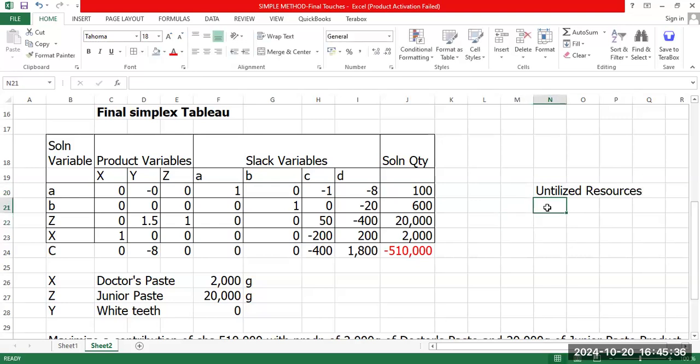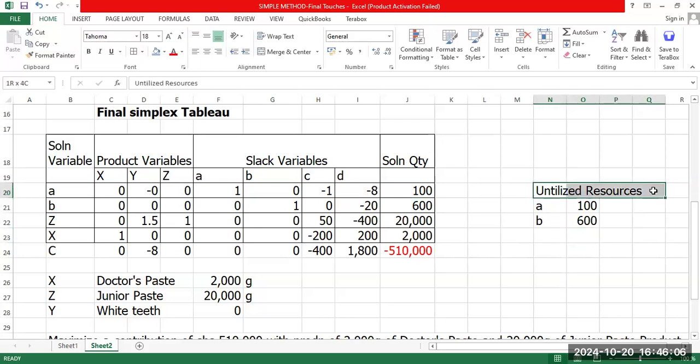What are unutilized resources? You have A, you have also B. A is 100. Colleagues, are you in a position to hear me? Then here you have 600.